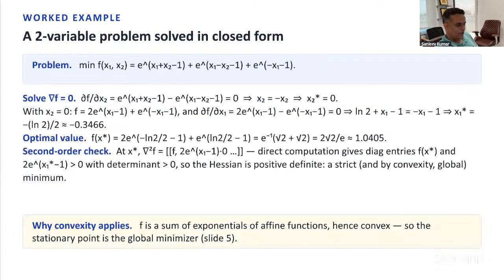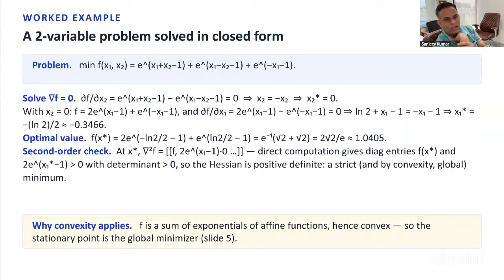Let us take an example and then we will solve this example using Matlab. Suppose I want to minimize this function f of x1, x2, defined as e raised to power x1 plus x2 minus 1, plus e raised to power x1 minus x2 minus 1, plus e raised to power minus x1 minus 1.